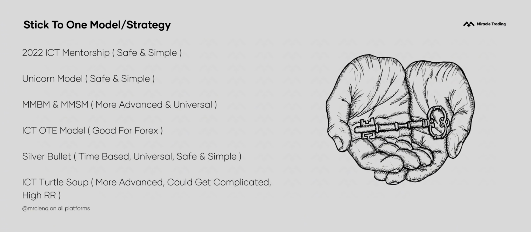We have the silver bullet, which is time-based, universal, safe, and simple as well. We also have the ICT turtle soup, which is again more advanced. It could get complicated sometimes, longing every swing low that is taken or shorting every swing high that is taken, but it is a high RR model or strategy.